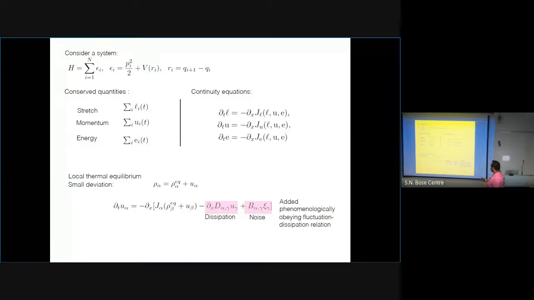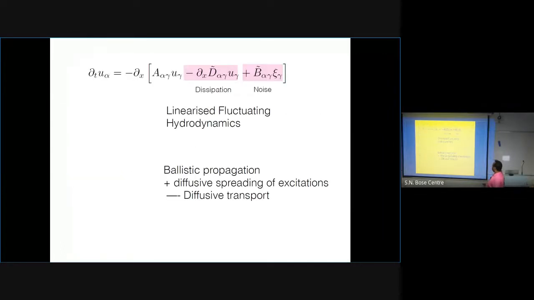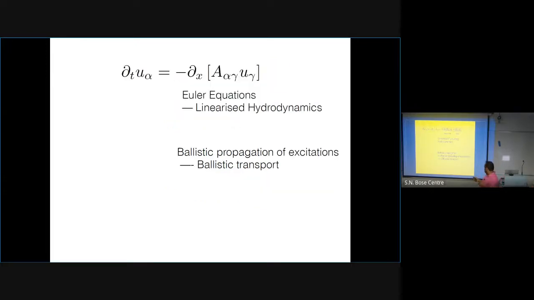Okay. Now, if you add dissipation and noise, in addition to the ballistic propagation, you have diffusive spreading of the excitation. The excitations move ballistically, but because of these terms, they also spread. For example, a localized excitation in this equation gets split into three delta functions.